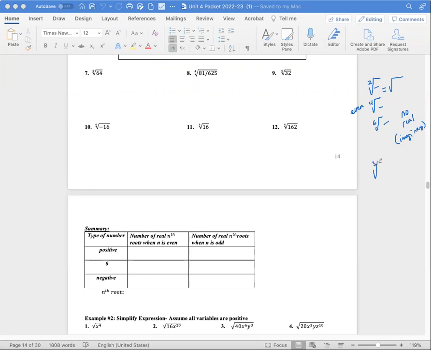When you have an odd radical, like cube root, fifth root, seventh root, we're not going to go as far as seventh root, and you have a negative, the answer is negative. So let's say you're doing cube root of negative 27, you would say negative 3, because negative 3 times negative 3 times negative 3 does give you negative 27.